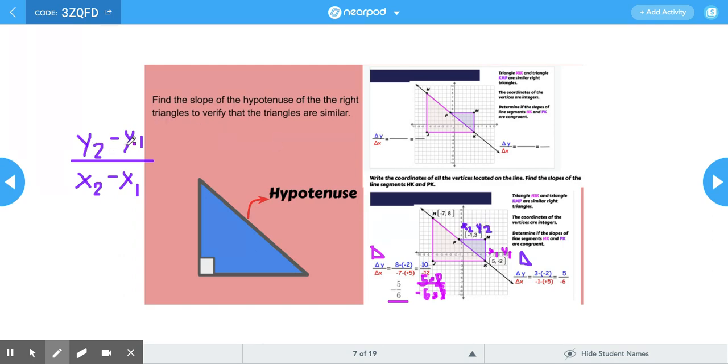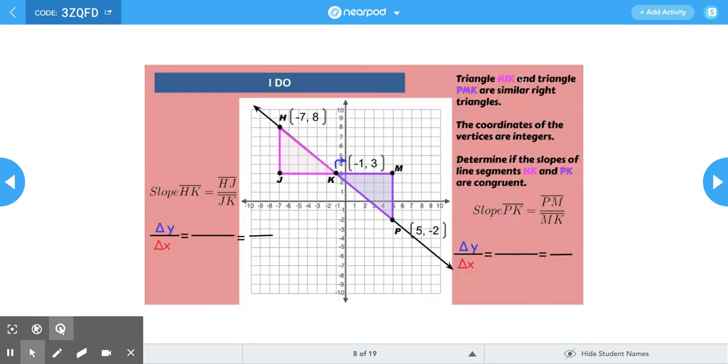So then we're subtracting y2 minus y1 over x2 minus x1. Our y2 is 3. Our y1 is negative 2. So we have 3 minus negative 2. We have our x2, negative 1, minus our x1, which is 5. So 3 minus negative 2 is 5. Negative 1 minus 5 is negative 6. And so as you can see, the slopes of the hypotenuses of the two right triangles are the same. So that proves that these two triangles are similar.